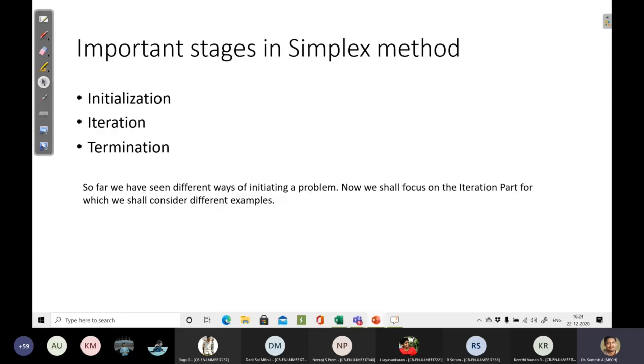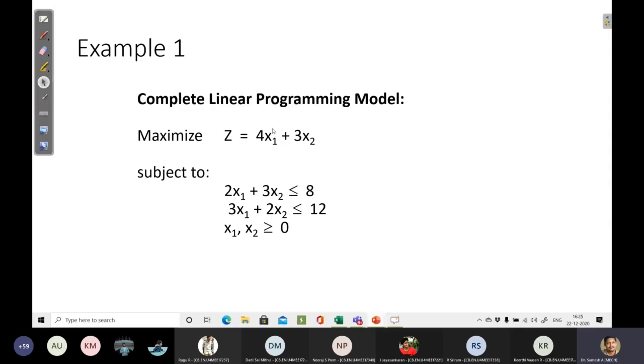Another question is given right now here: maximize z equals 4x1 plus 3x2 subject to the constraints, with less than symbols.